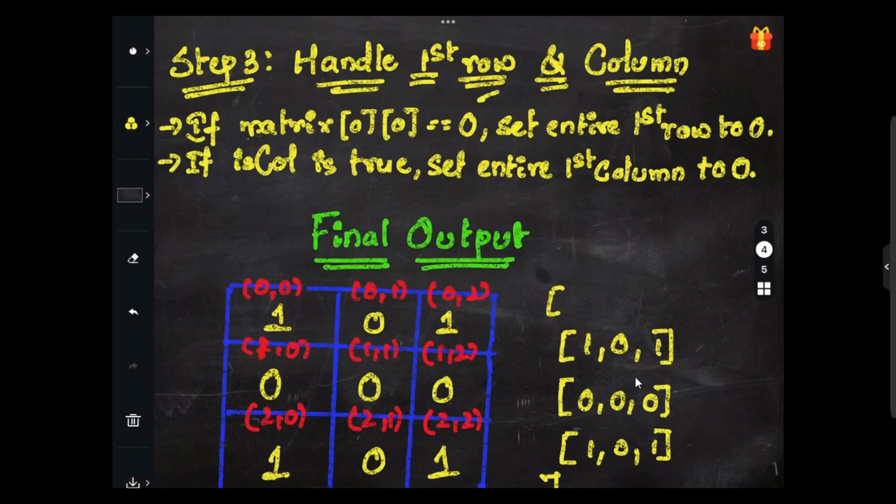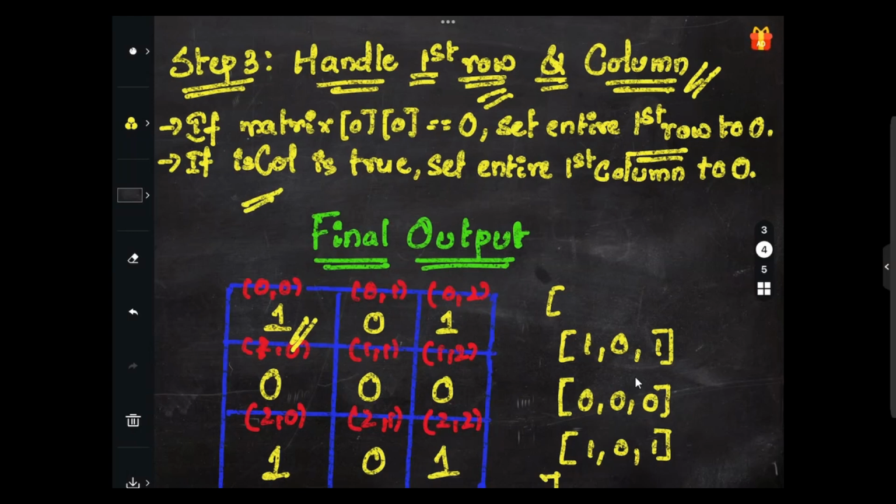So we have to handle the first row and column. Here we need to handle the first row and column. So if matrix of 0 0 is 0, set the entire first row to 0. If matrix of 0 0 is not 0 here, so here we have 1, you can clearly see. If the column flag is true, we will set the entire first column to 0 as well.